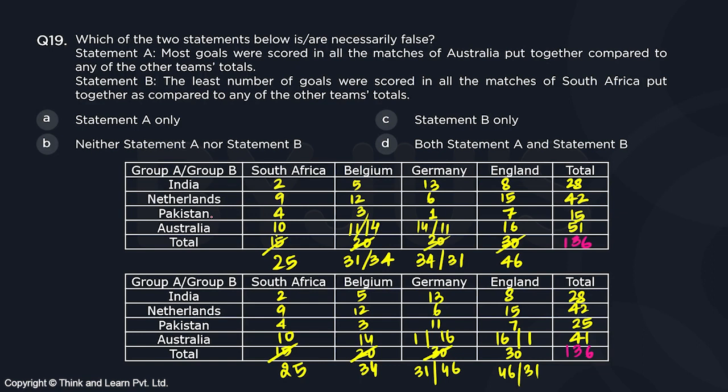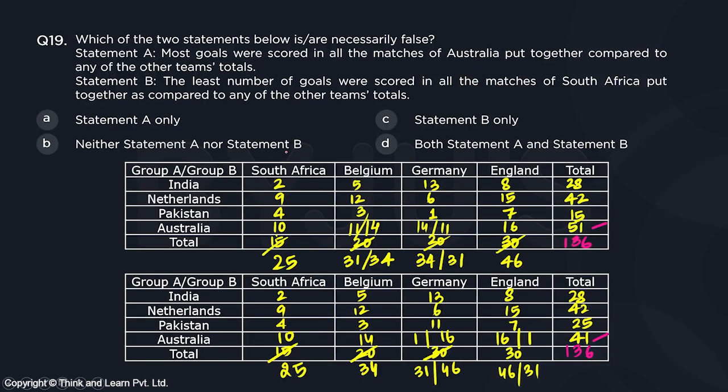So for Australia, the total is 51 or it is 41. So it may be false, it may not be false. So the question is asking us necessarily false, so we can say no, it's not necessarily false.